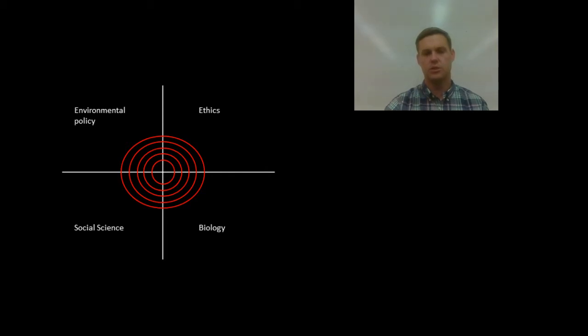So solutions based on moral reasoning, the biological foundations for that reasoning, to move to a grasp of social institutions as a product of our biology, our environment, and our history, and then back to sound environmental policy.